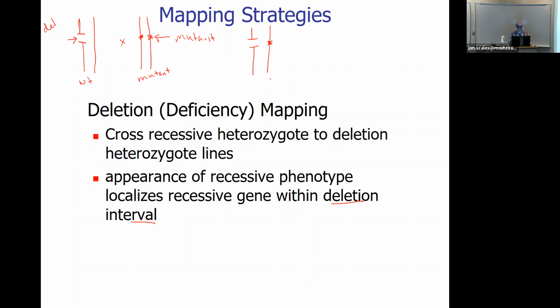But what's the phenotype of this one going to be? Mutant. Okay, so this one is technically a mutant chromosomally, but it has a wild type phenotype. So that's a little different than what we've talked about before, where we would have taken 2 organisms that are totally mutant and mated them.